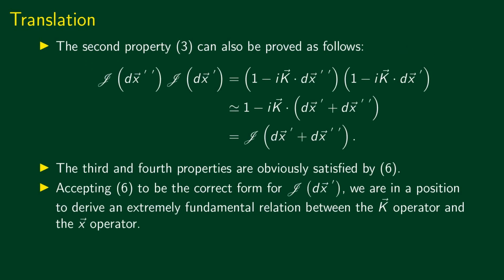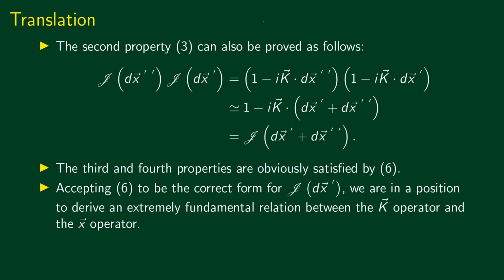Let's now check the second property. We start with j of dx vector prime, the action of j of dx vector prime followed by the action of j of dx vector double prime. We know that we should be able to write this as j of dx vector prime plus dx vector double prime. This is one infinitesimal translation followed by another infinitesimal translation, so you can write it as one translation. That's the idea. Now again, it's easy to check.